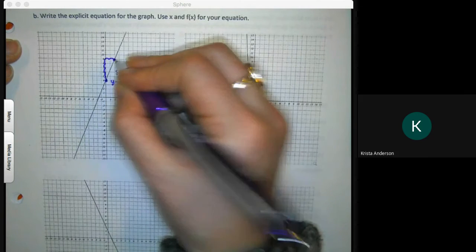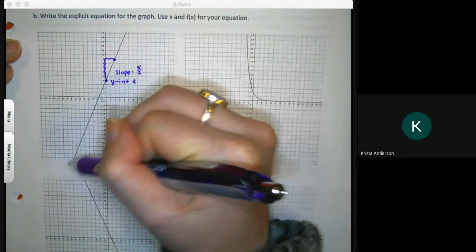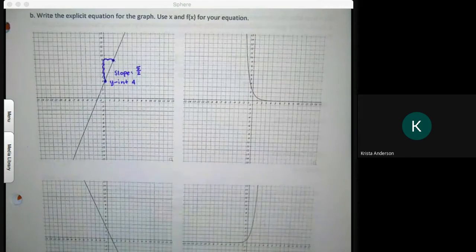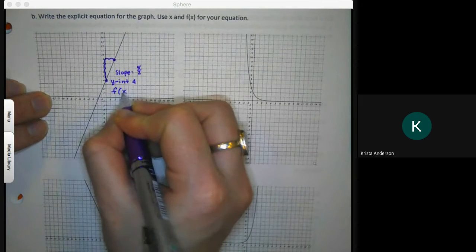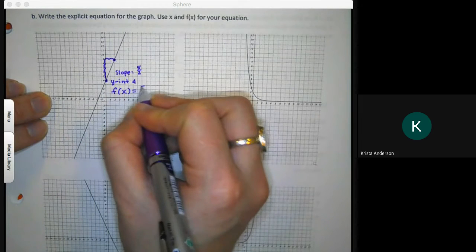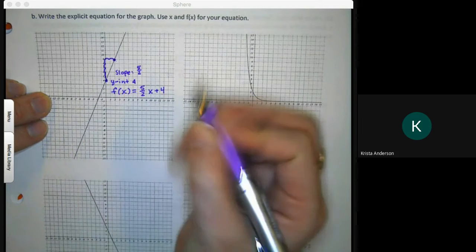Up 5 over 2. Because the line's going up, it's a positive 5 over 2. F of x equals my slope with an x plus 4.